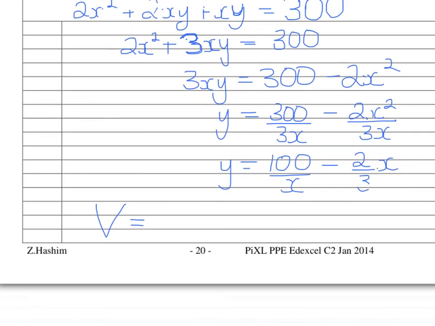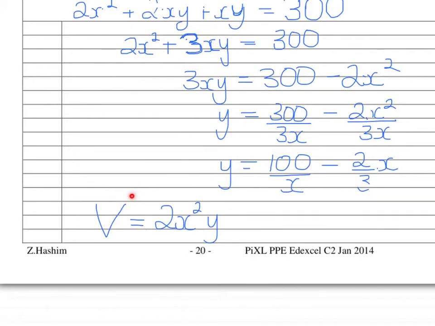So volume equals 2x squared y. And then the next step will be to substitute y into this equation for volume, and hopefully that will give me the equation that they've shown in the first part.